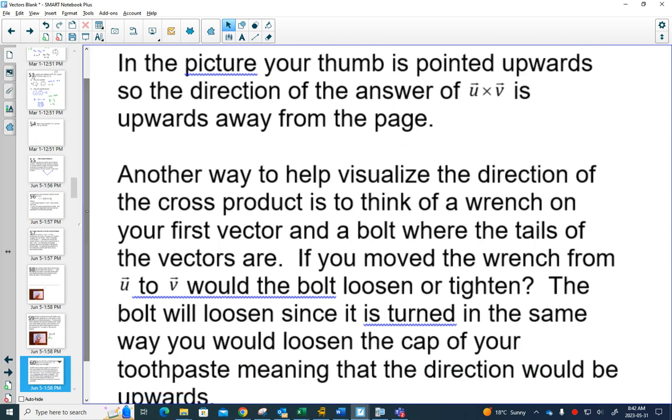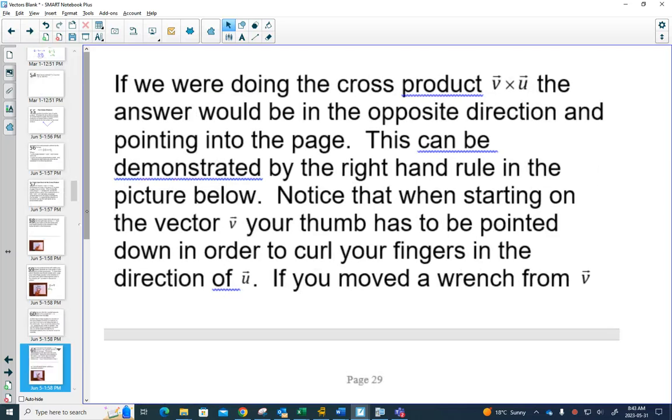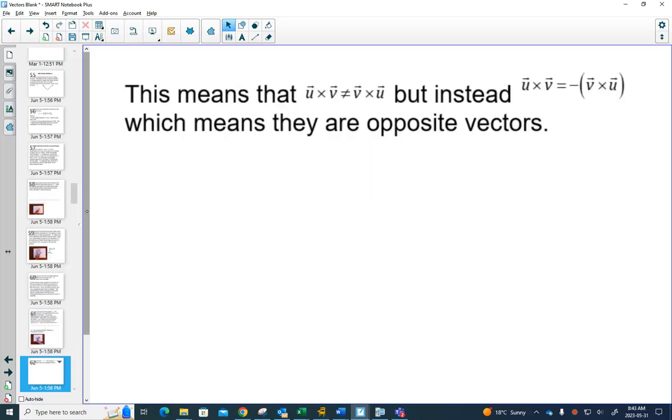So this is all of the stuff in words that I was just saying. We can also think about a wrench tightening a bolt, or loosening the cap of your toothpaste, which direction it would go. So this means that the cross products U cross V and V cross U are not the same, mainly because the direction will be different.